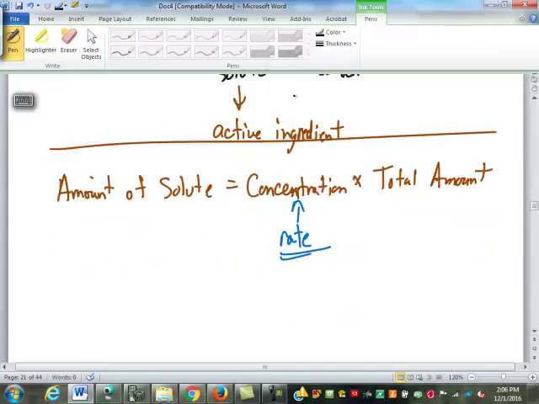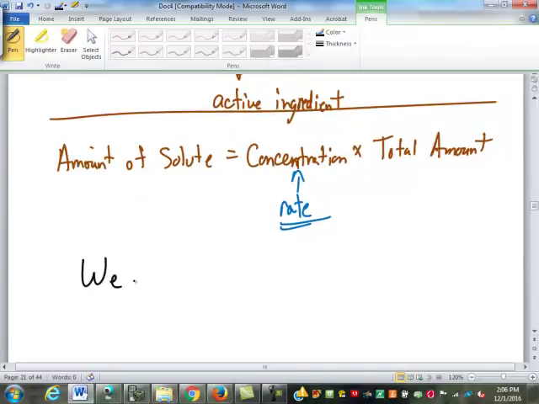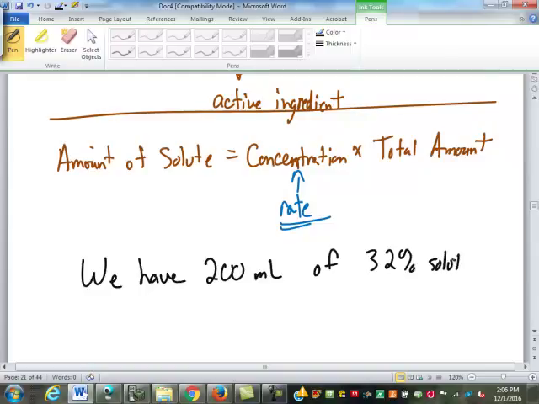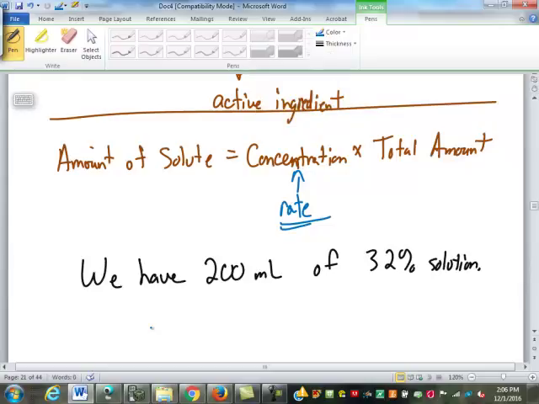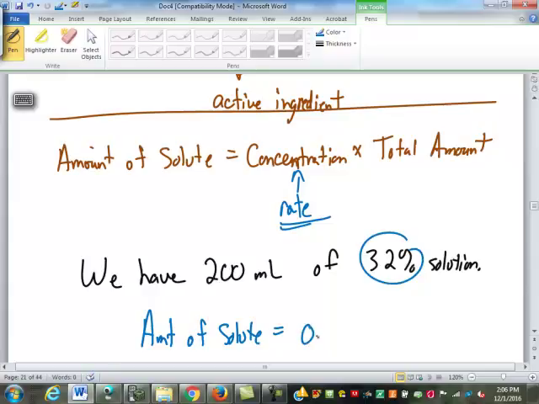So let's say we have 200 milliliters of a 32% solution. The amount of the active ingredient, the amount of the solute, is equal to the concentration, that's going to be the 32% as a decimal, so 0.32, times the total amount.